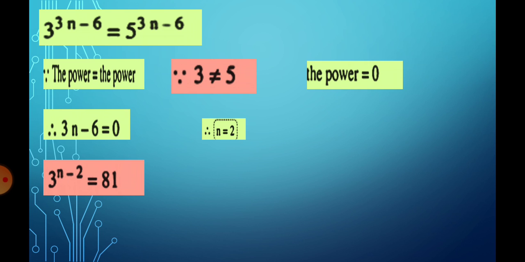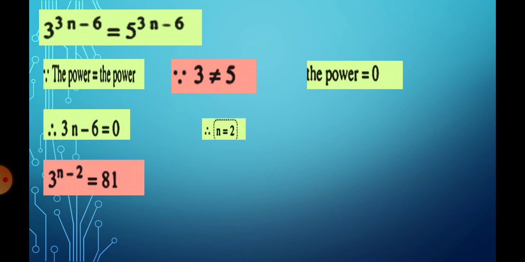3 to the power n minus 2 equals 81. We change 81 to the form 3 to the power. We know 81 equals 3 times 3 times 3 times 3. So 81 is 3 multiplied by itself 4 times.